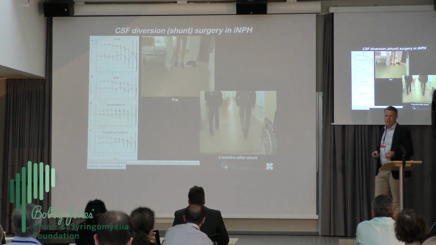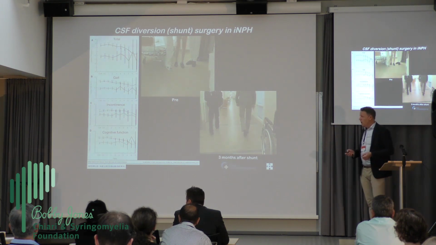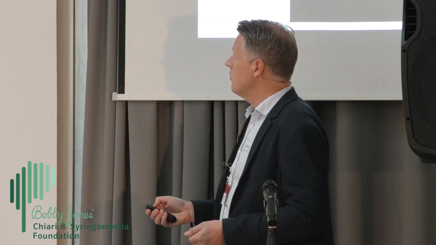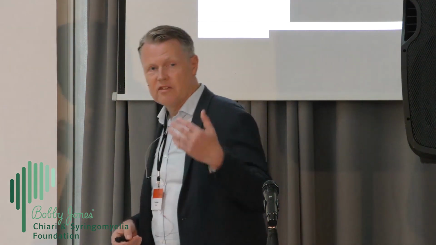Not cure patients, but improve symptoms, and at least for some time. So looking after shunt surgery, this is a way of assessing the clinical improvement in the patients. And in those responders, we see that over years, the response is being reduced.